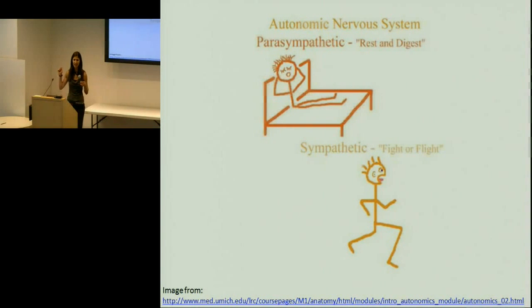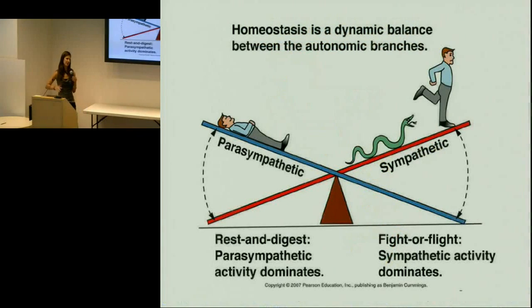There's probably a tiger, or maybe the beep of a smartphone, that is making you have a little bit of a panic. The idea is that these two nervous systems are in balance. It's not as if one is always on and the other is not, but there's a very careful modulation of the strength of these two systems that work in balance to have very precise control over the heart rate.